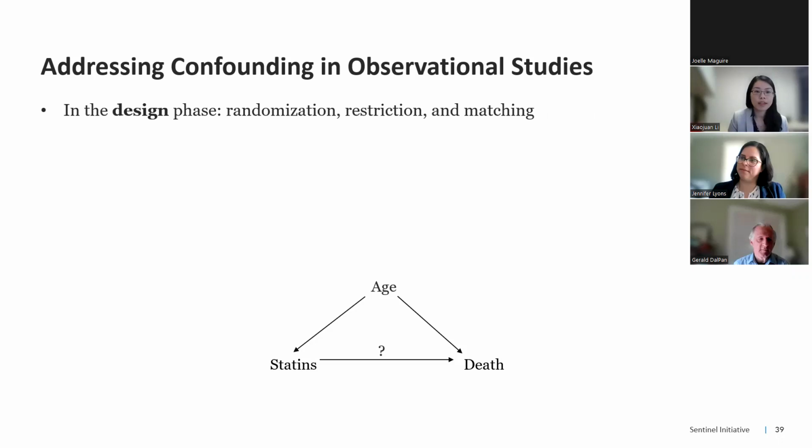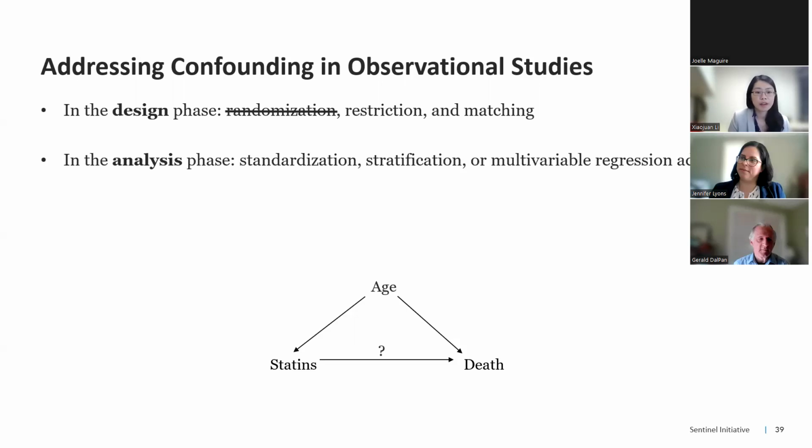In the design stage, we can remove confounding by using randomization, restriction, or matching, although we talked about randomization is not possible in the observational studies. In the analysis phase, methods such as standardization, stratification, or multivariable regression adjustment can be used to adjust for confounding.